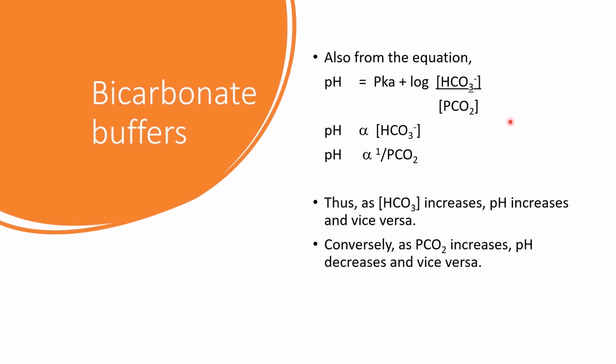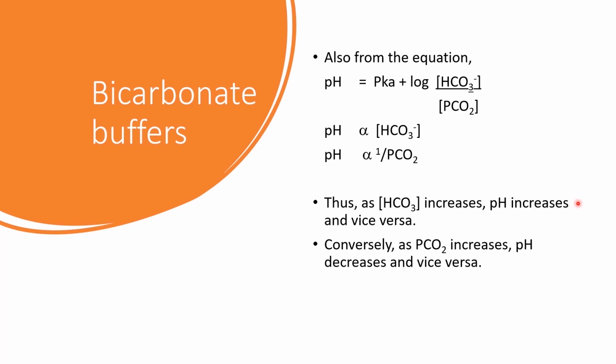Now, this relationship shows that the pH is directly proportional to the concentration of bicarbonate, and the pH is inversely proportional to the weak acid, which is the partial pressure of carbon dioxide. Now, what that means is that as the amount of bicarbonate increases, the pH will increase. And as the amount of bicarbonate decreases, the pH will decrease.